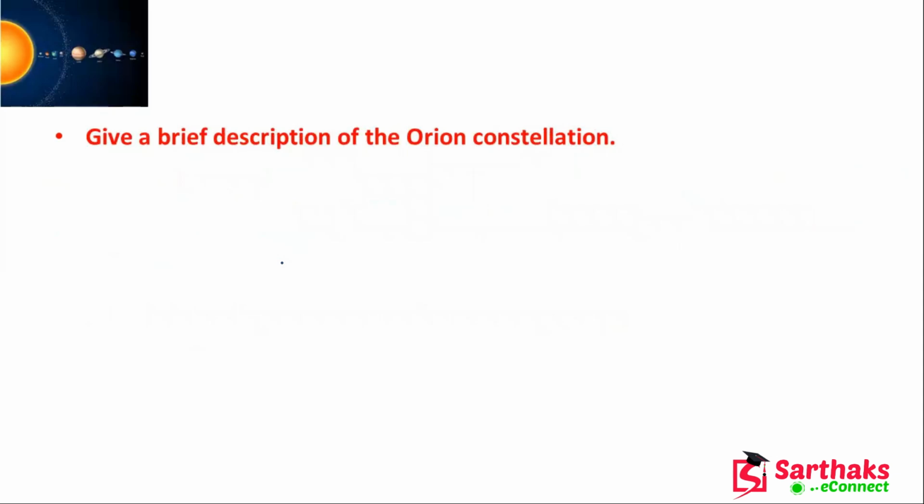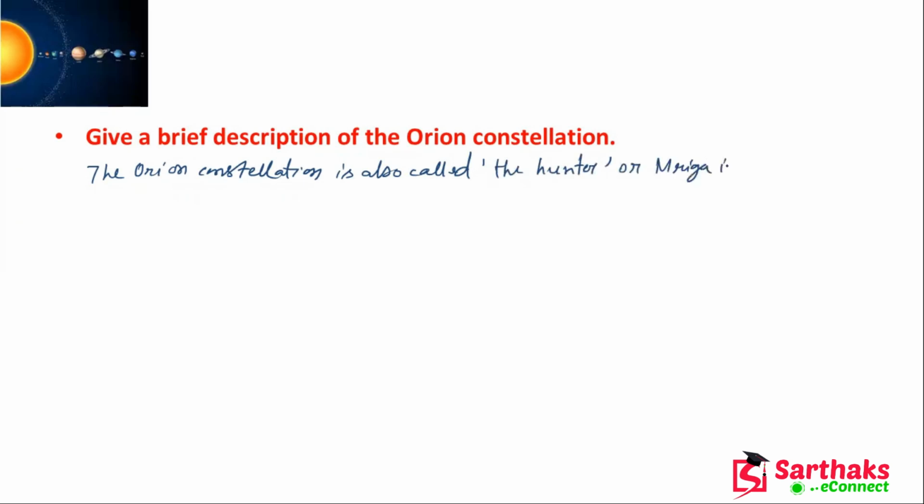Give a brief description of the Orion constellation. The Orion constellation is also called the Hunter or Mriga in India.